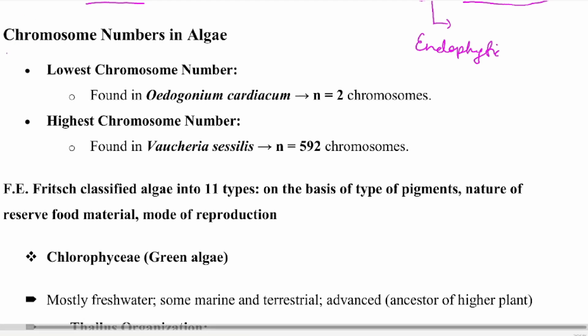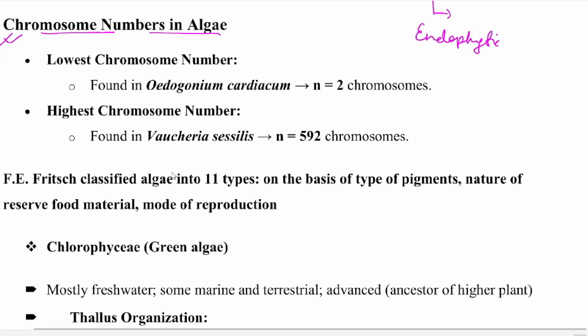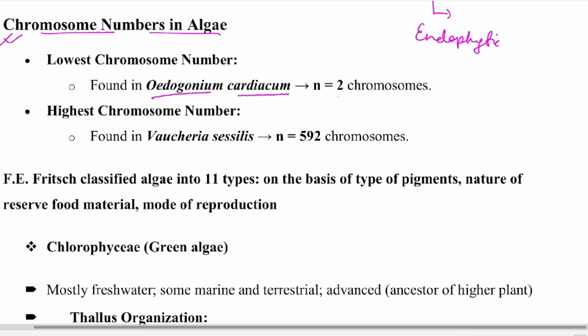Another important point is the chromosome number in algae. According to recent data, the lowest chromosome number found in algae is in Oedogonium cardiacum, with two chromosomes, and the highest number of chromosomes is present in Vaucheria sessilis, that is 592 chromosomes.